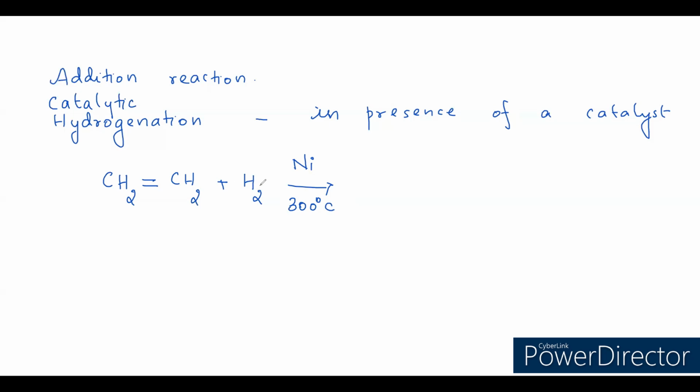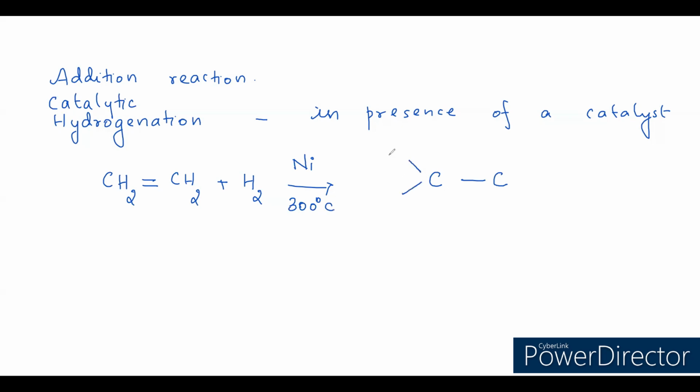Hydrogen gets added across the double bond. As a result, the double bond gets converted to a single bond. I have already told you that the reason for the double bond was a shortage in the number of hydrogen atoms. You are supplying those hydrogens now, right? So when you supply those two hydrogens, the double bond will become a single bond.